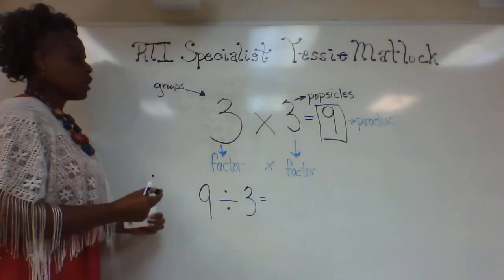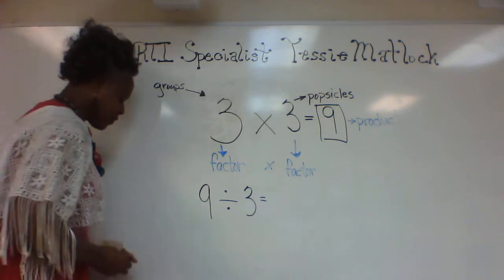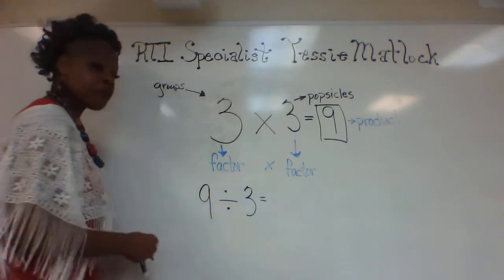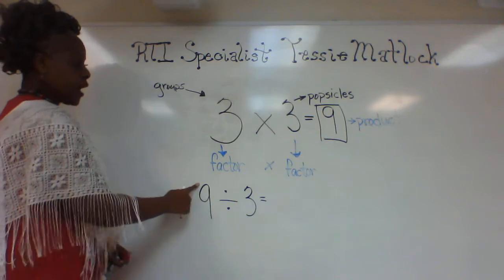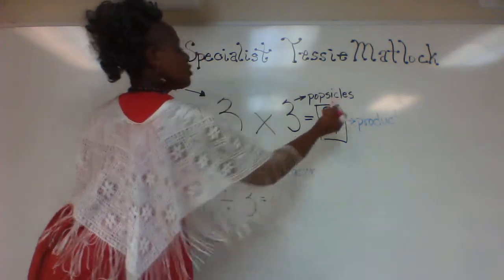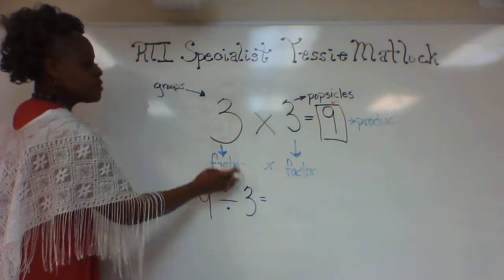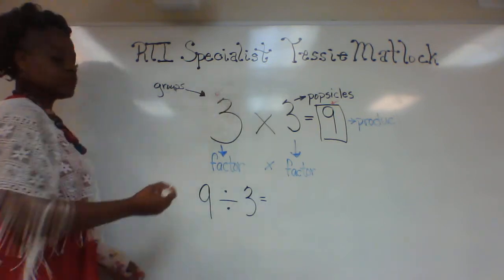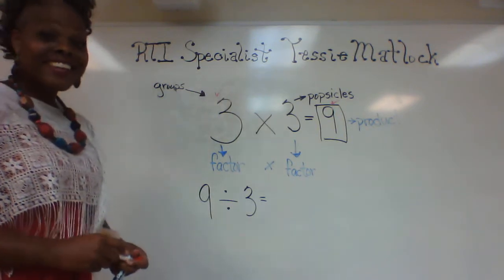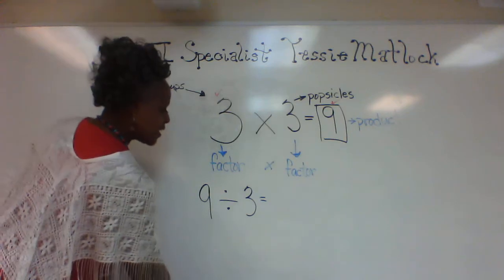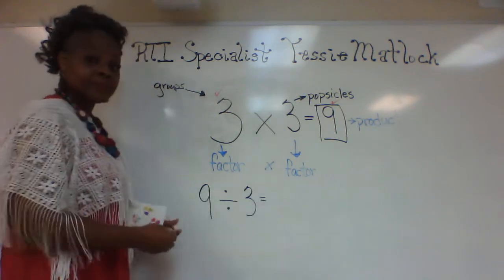Good. So now let's take a look at the fact family. Who do we have present? 9 is present. Good job. And one of the threes is present. Good. You said we need the other three here.